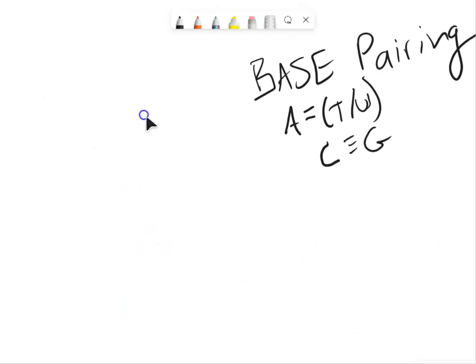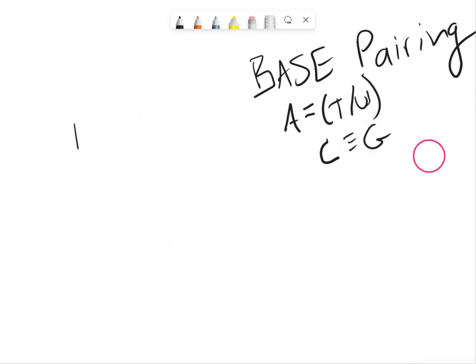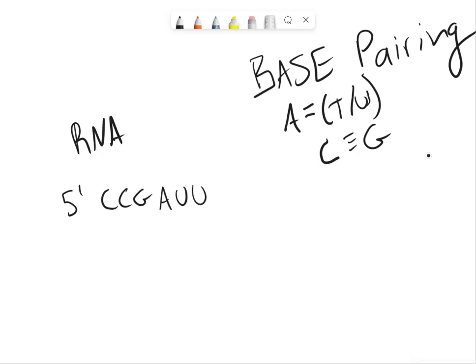RNA is usually single-stranded. It is capable of being double-stranded just like DNA, but messenger RNAs are single-stranded always. And that's most of the RNA we're going to think about. So here's an example of RNA. I have to draw the 5', sorry, but it would look like C, C, G, A, U, U, G, G, C, A, U. 3'.